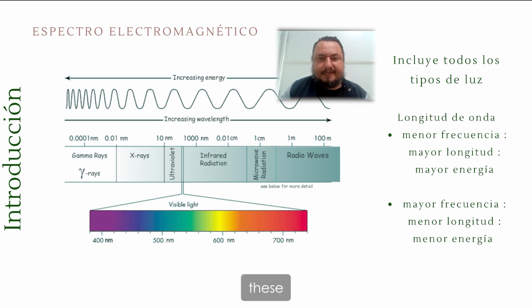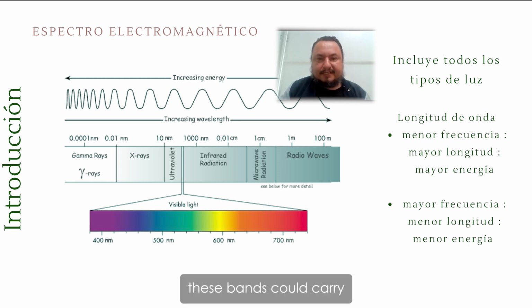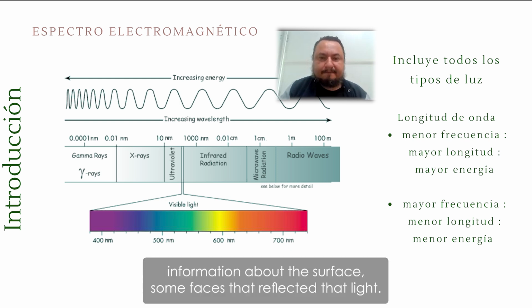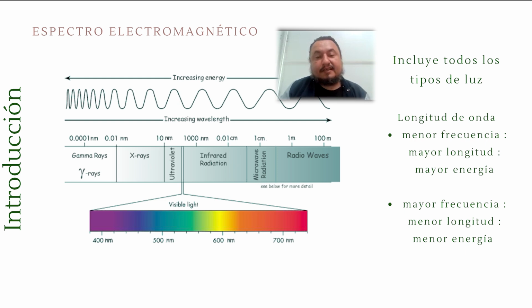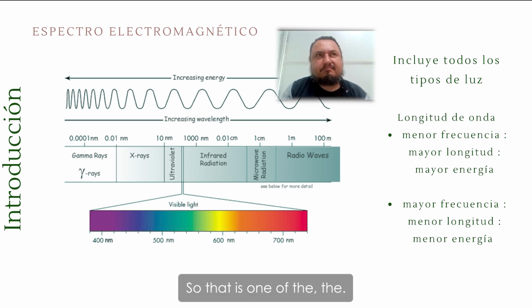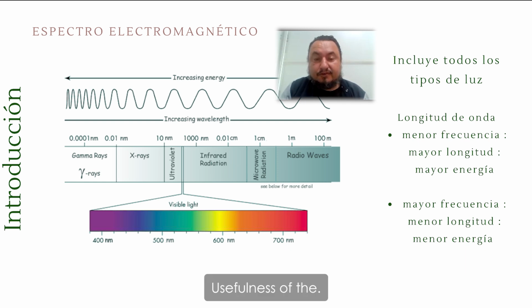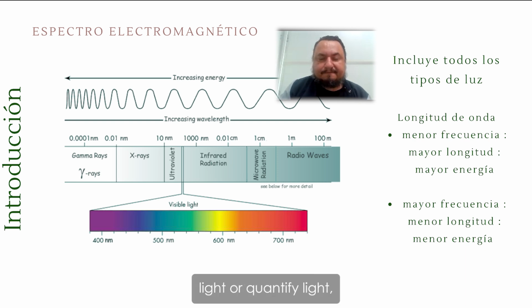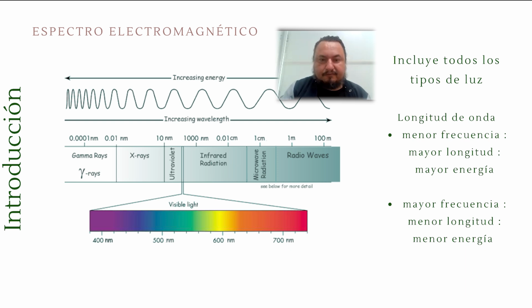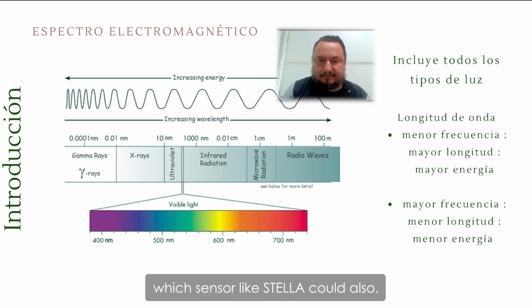So these bands could carry information about the surfaces that reflected that light. So that is one of the usefulness of measuring light or quantify light with sensors like Stella Q2, no?